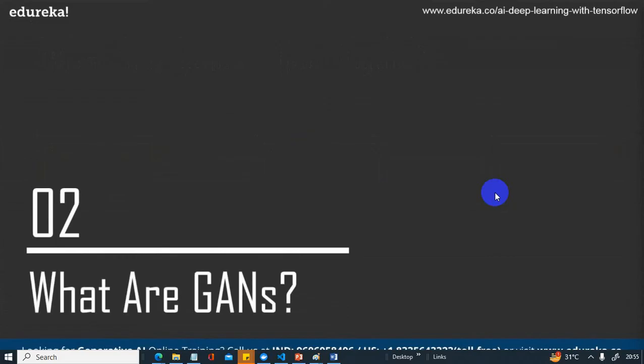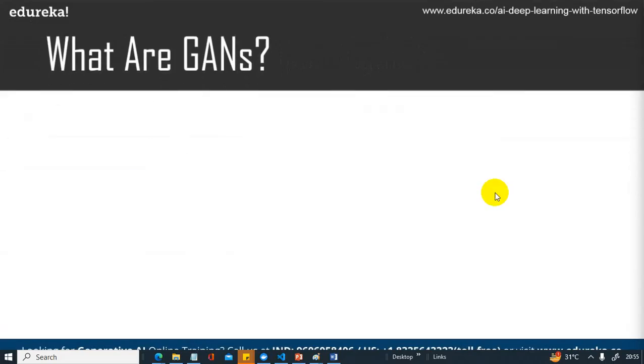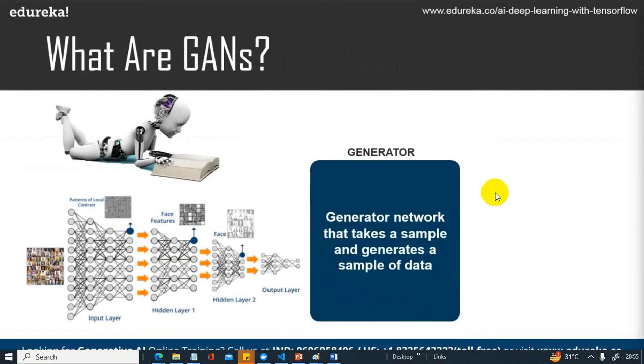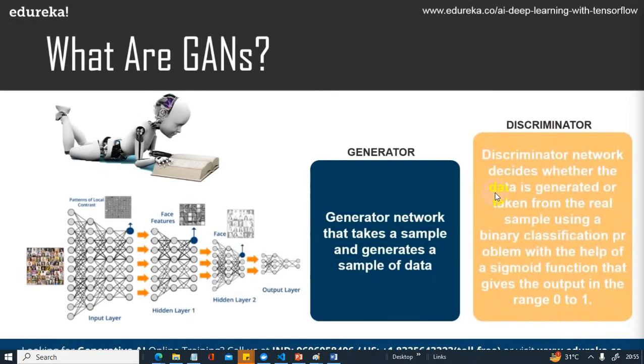Generative adversarial networks, or GANs, are a deep learning based generative model that is used for unsupervised learning. It is basically a system where two competing neural networks compete with each other to create or generate variations in the data.